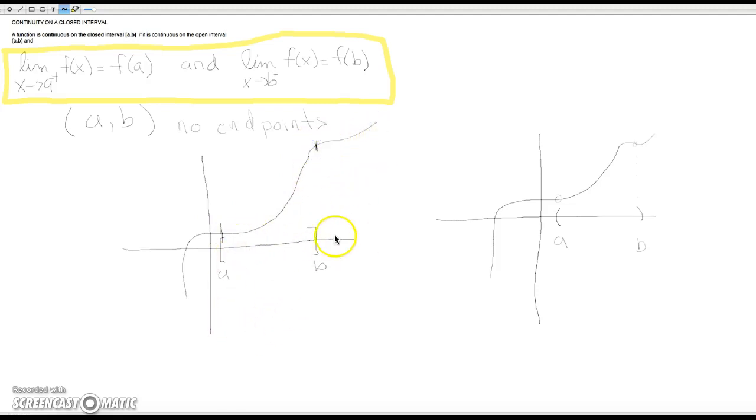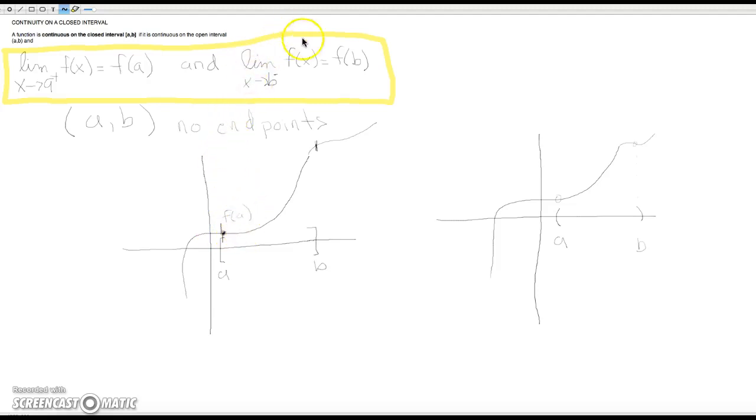So here we said, is this function continuous on the open interval? The conditions are that maybe we choose a point, A. What is the limit of the function as it goes to A from the right side? Well, that means that we're including the endpoint here, and the limit is f of A. Okay?